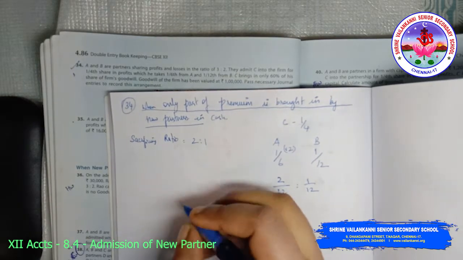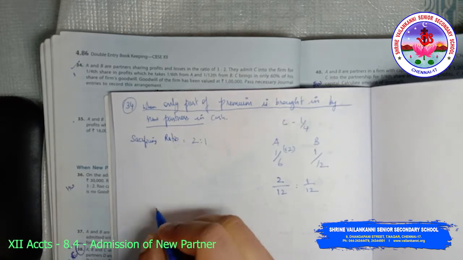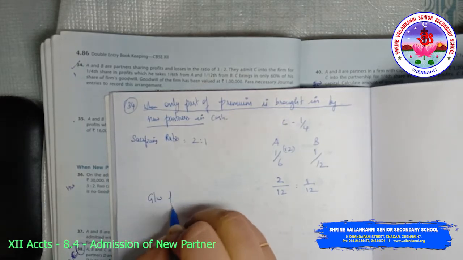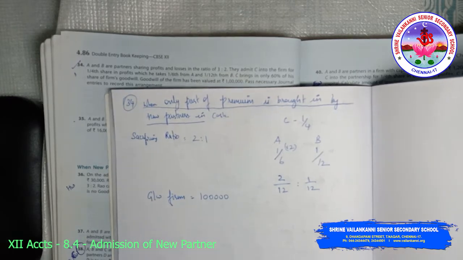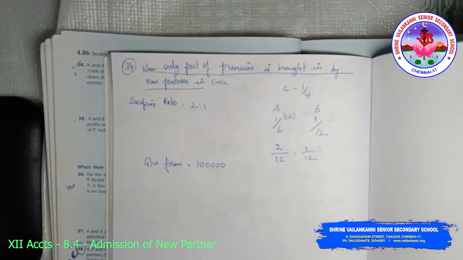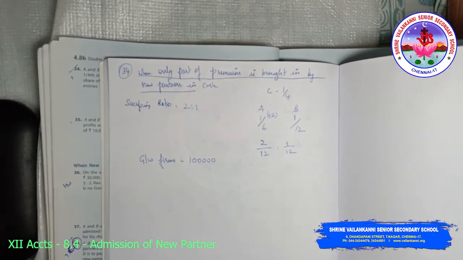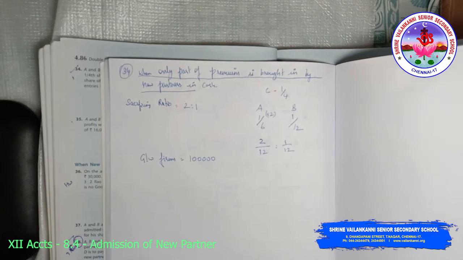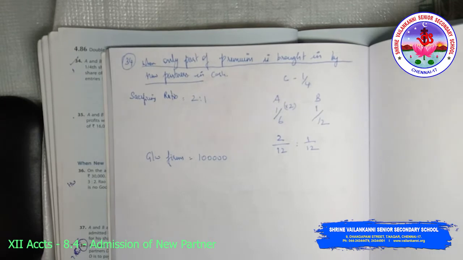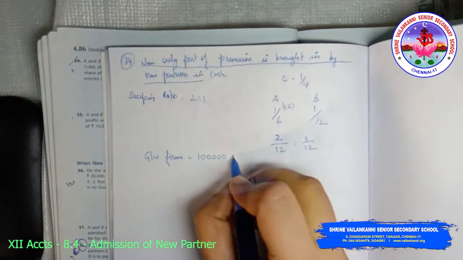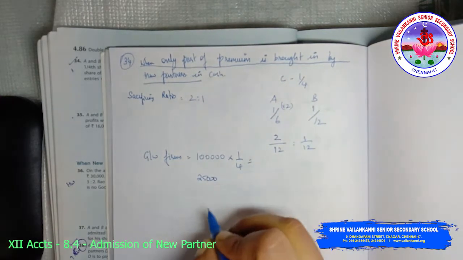Then we need to calculate how much is the goodwill of the new partner. The goodwill of the firm is rupees 1 lakh, so 1/4 of it is 25,000.